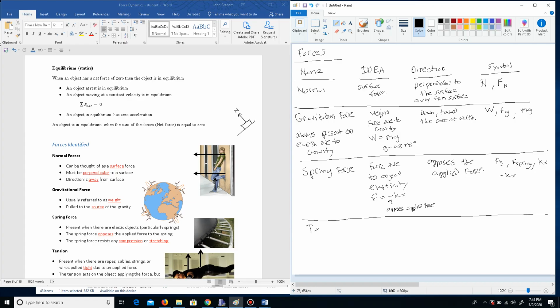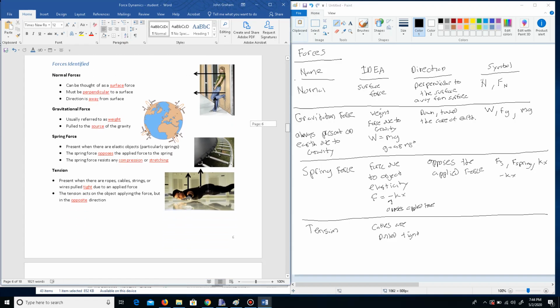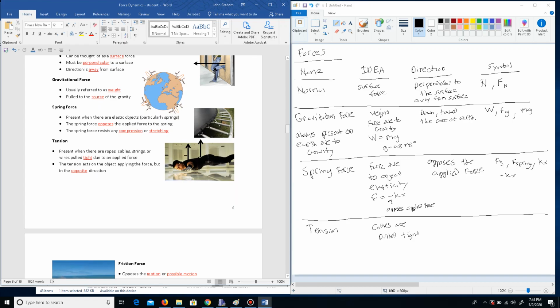Tension. This is present when cables, ropes, strings are pulled tight. And it's due usually to an applied force. And so sometimes we would just call it applied force.